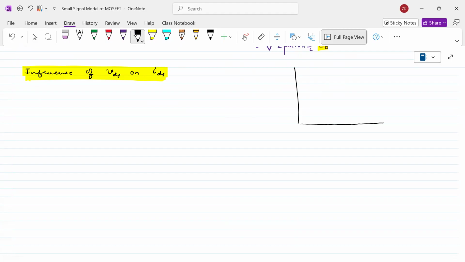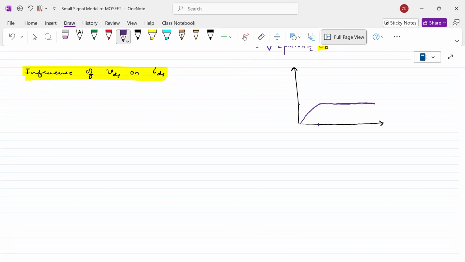If you want to go for amplification and analog applications, the MOSFET must be operated in the saturation region. As we know very well, this is how the behavior is. As you can see, the ID value is constant throughout this region, right?